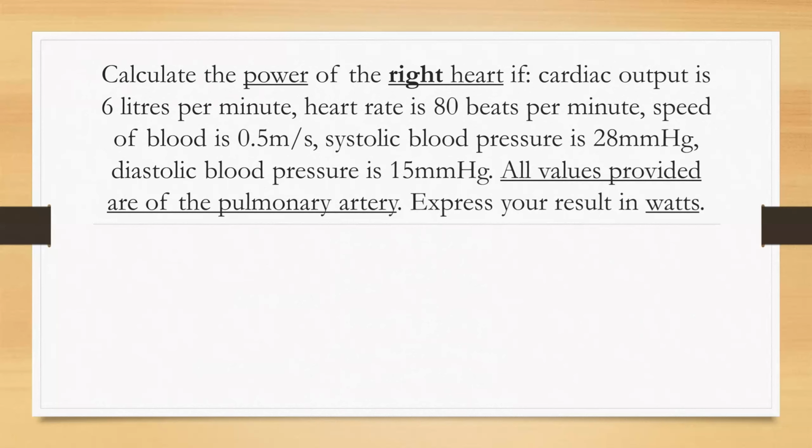All values are of the pulmonary artery. We have to know that this is not of the systemic blood, because that is, as I told, 120 over 80 in normal terms. And the result in watts. So watt is joule per second.